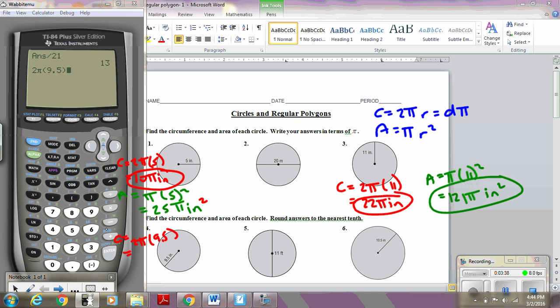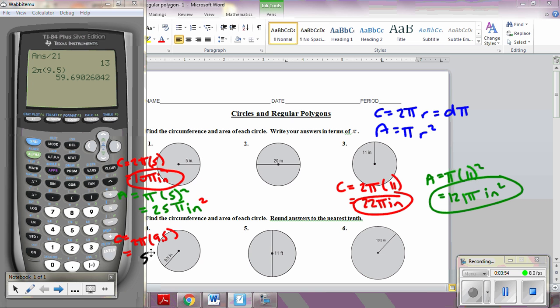Hit enter, and it says round to the nearest tenth, so that's one place behind the decimal, so it's 59.7 inches.